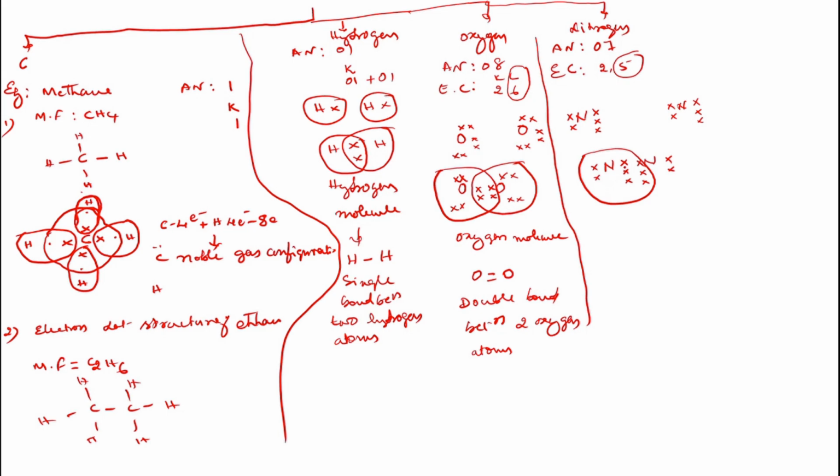It has reached noble gas configuration. This nitrogen you see now. 6 plus 2, 8. It has also reached noble gas configuration. This is the dot structure of nitrogen. So now this is called the nitrogen molecule.